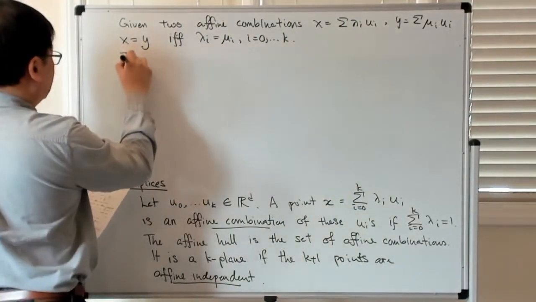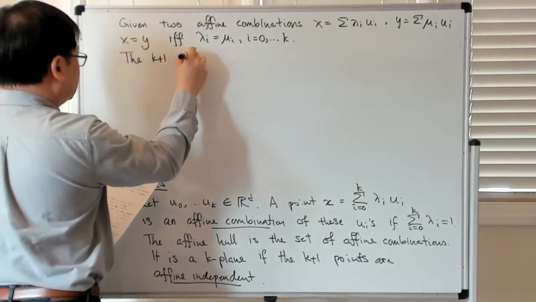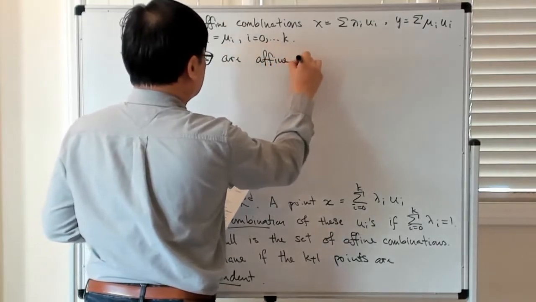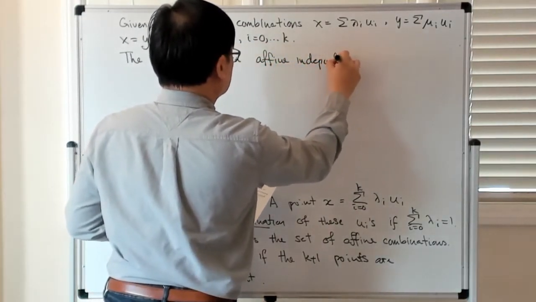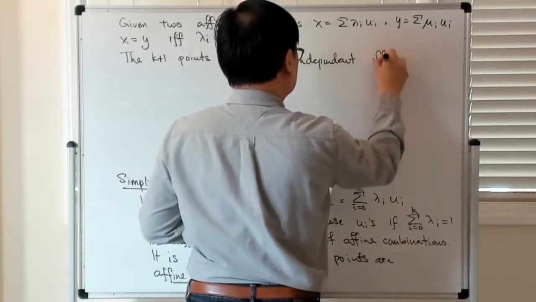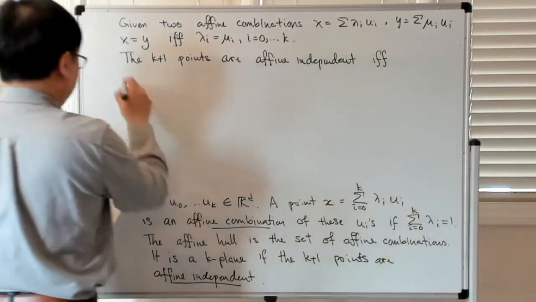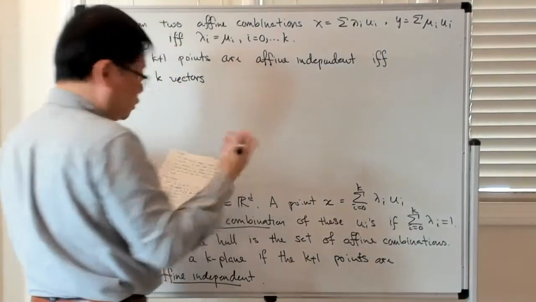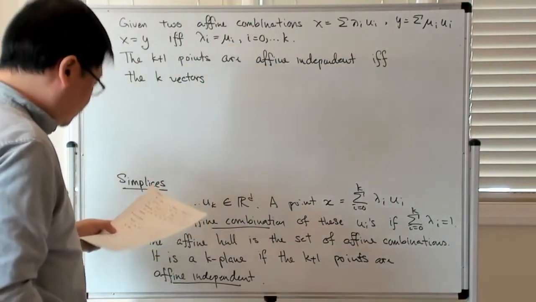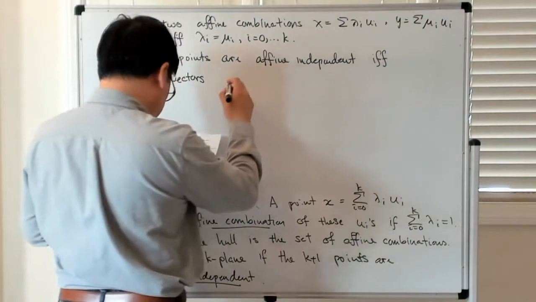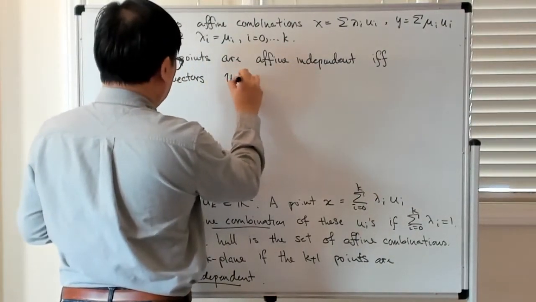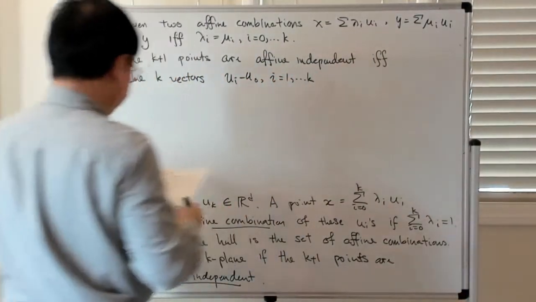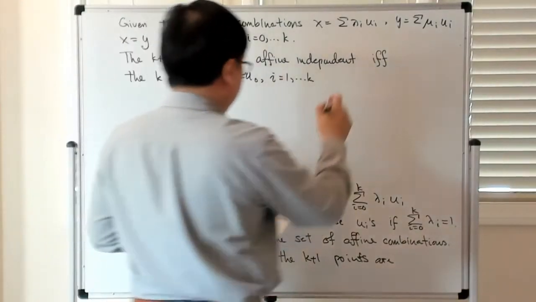So the k plus 1 points are affine independent if and only if the k vectors, where you pick a distinguished point, let's say u0, so you construct the k vectors ui minus u0, where i now goes from 1 to k, are linearly independent.